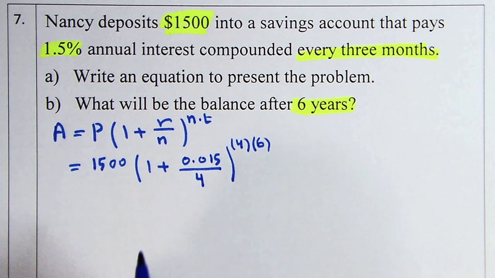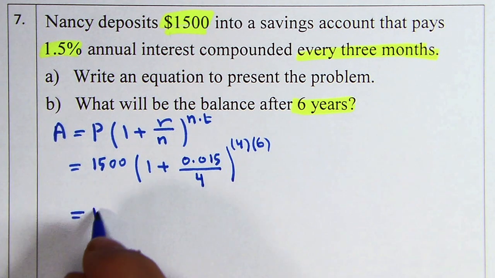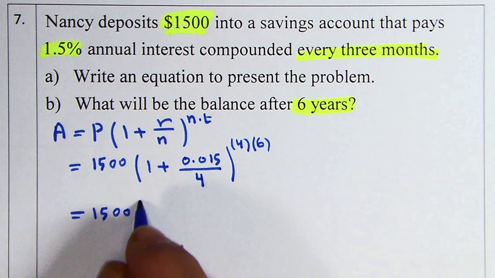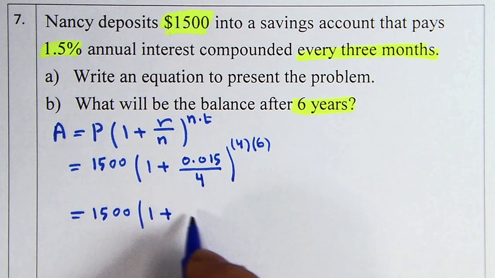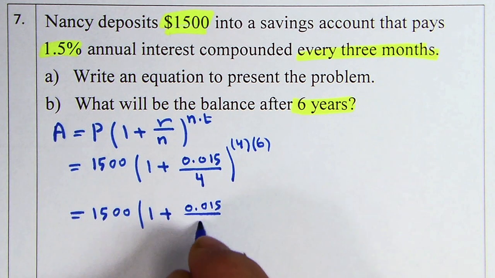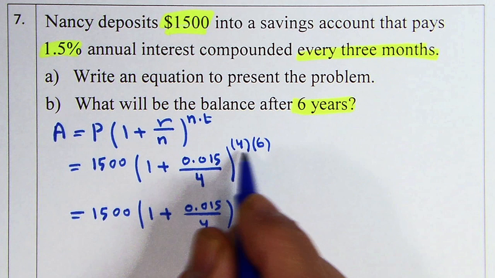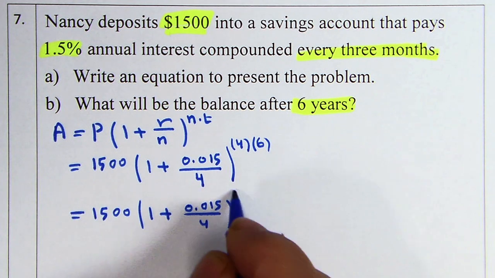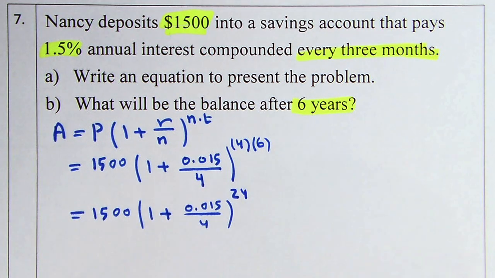Simplifying our numbers, we get 1500, 1 plus 0.015 over 4 to the power 4 times 6 is 24. We could reduce our numbers more.